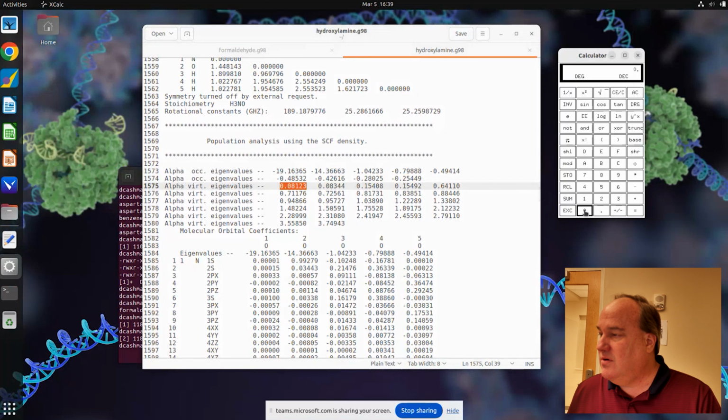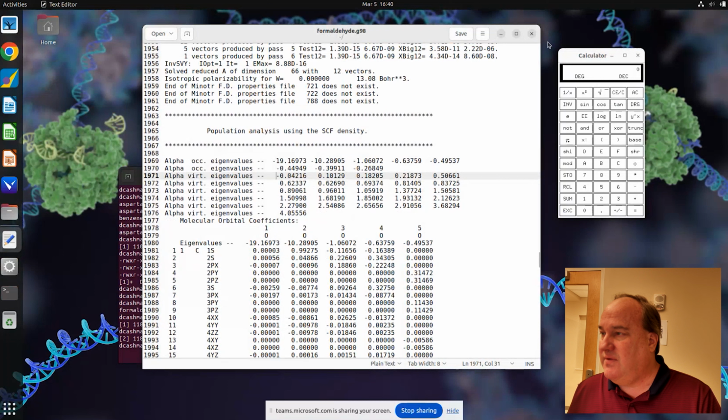So 0.08123 times 27.21, and I get 2.21. So a little bit lesser of a distance, but it's still a pretty good distance there.